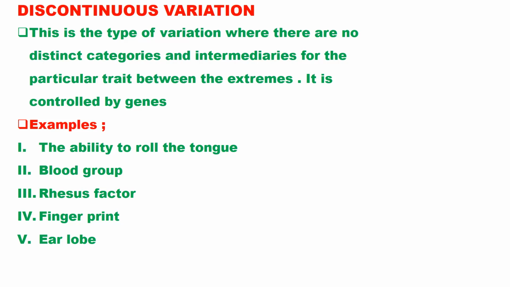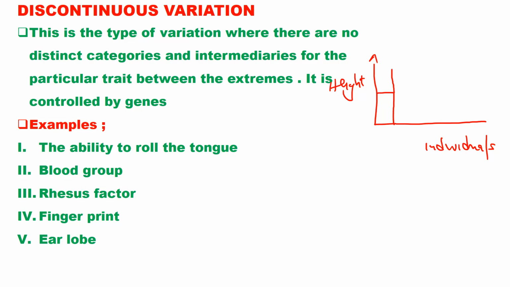Now, if I were to plot the graph of discontinuous variation, still height against number of individuals, you are going to find that it comes out this way. So specifically, just that characteristic. No intermediaries in between. As you can see, the graph is presented with these bars.